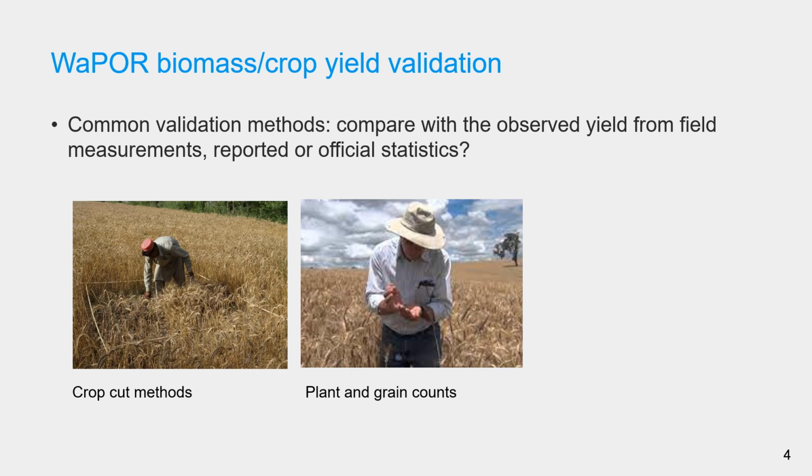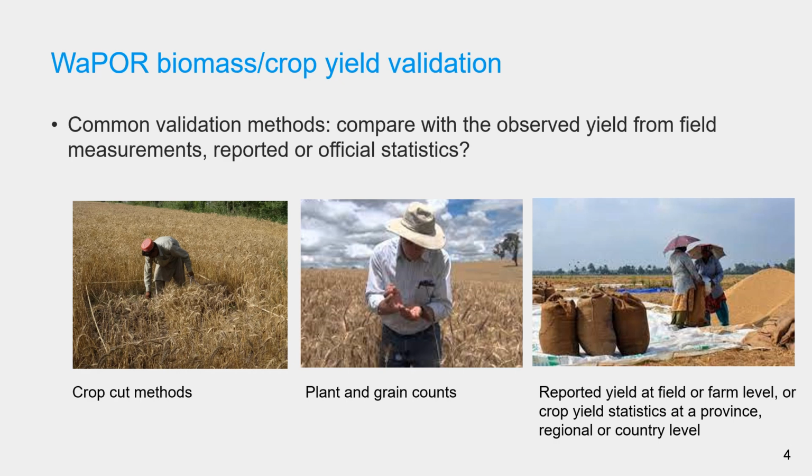The third method is reported yield at field or farm level, or crop yield statistics at a province, regional, or country level, such as for example FAO stats. This is often based on the number of sacks or bags harvested from a field multiplied by the standard crop weight that the sack can hold.